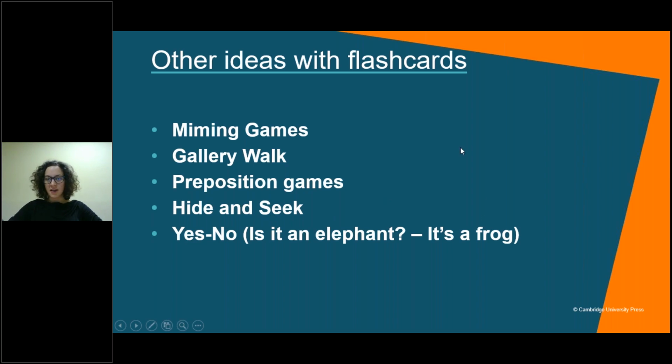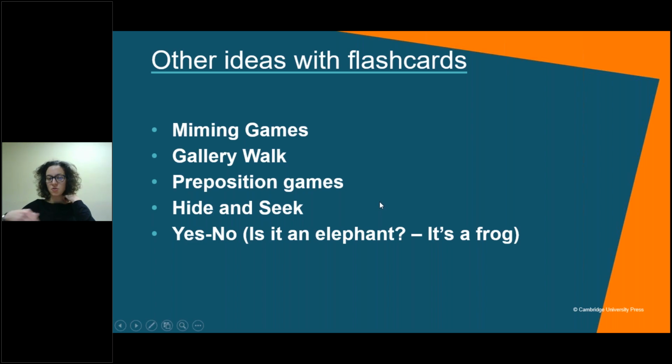You can hide a flashcard somewhere, especially it's nice for the giving directions topic. It makes sense, why to go somewhere. Go right, turn left, behind the desk, find the spider, or find the spider under a desk. So hide and seek is also about prepositions or giving directions. And yes, no questions.